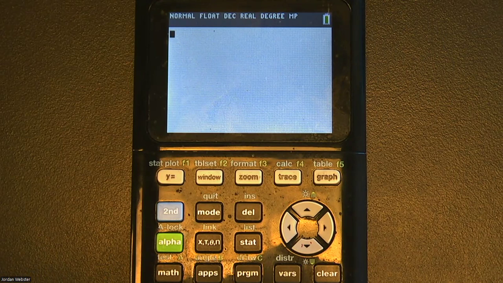One is I could use the change of base rule, which says let's take natural log of 47 divided by natural log of 2, or log base 10 of 47 divided by log base 10 of 2. So I can take natural log of 47 divided by natural log of 2 on my calculator. That would give me about 5.55. So 2 raised to that power would give me 47.